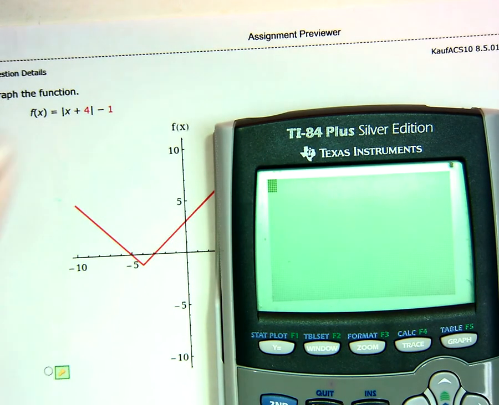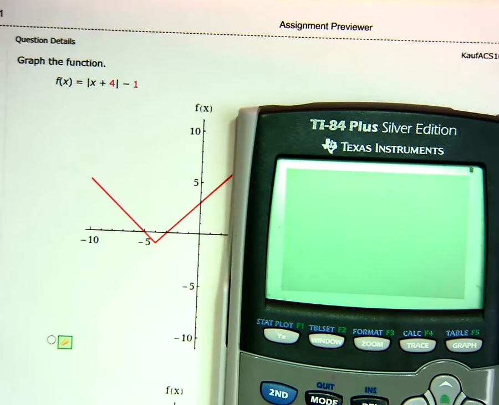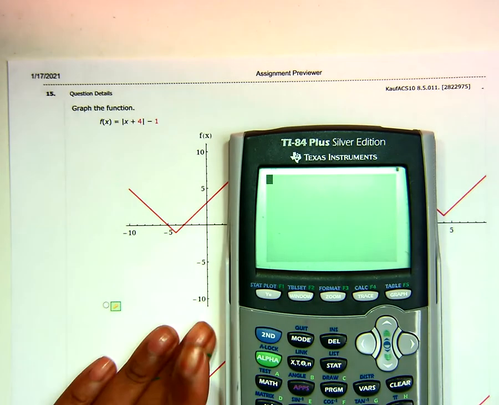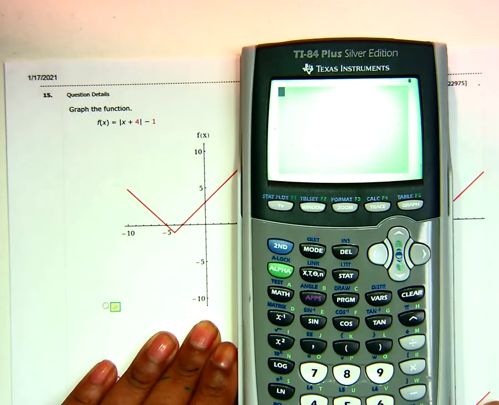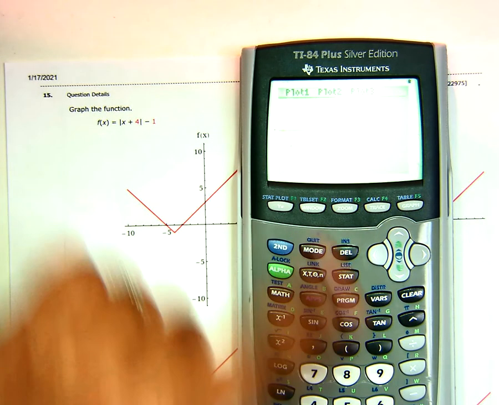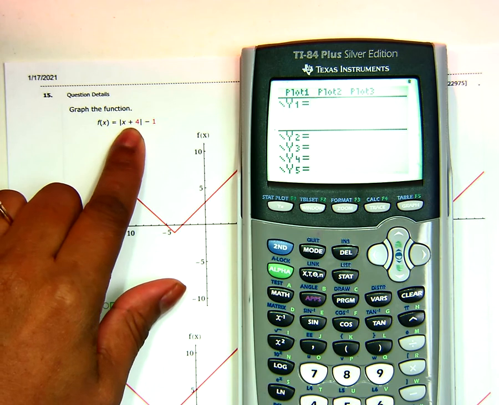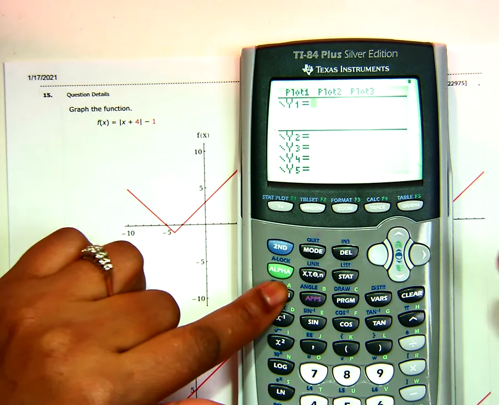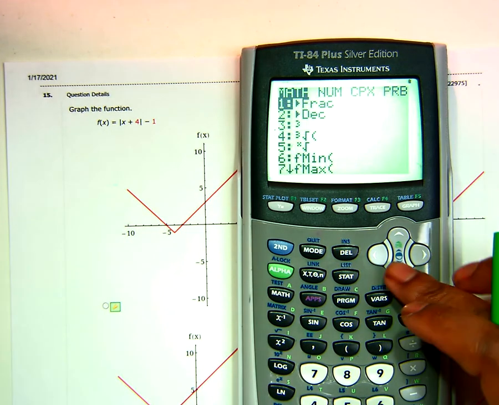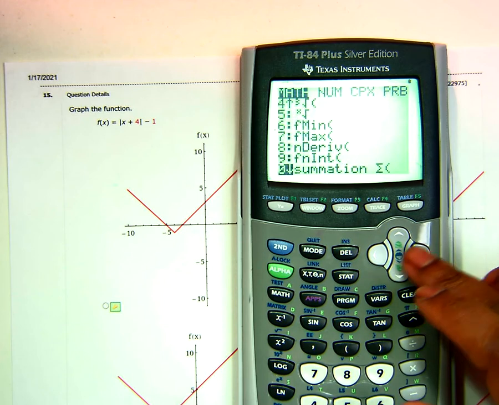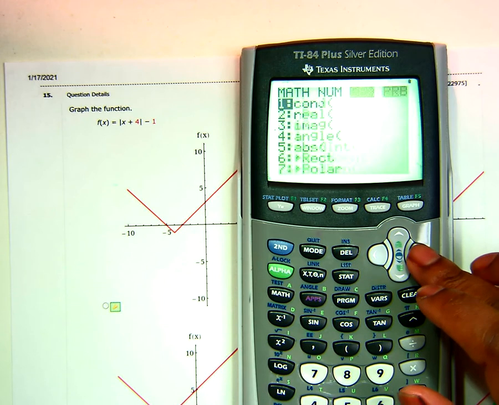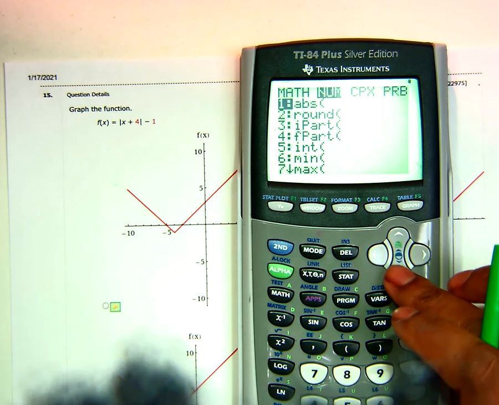So once I cut my calculator on, I have to zoom in and out so I can see everything. So I'm going to go to the y equal, hit clear. To find absolute value, meaning those 2 brackets right there, I'm going to hit my math key. And I'm looking for it too. Where is it, y'all?